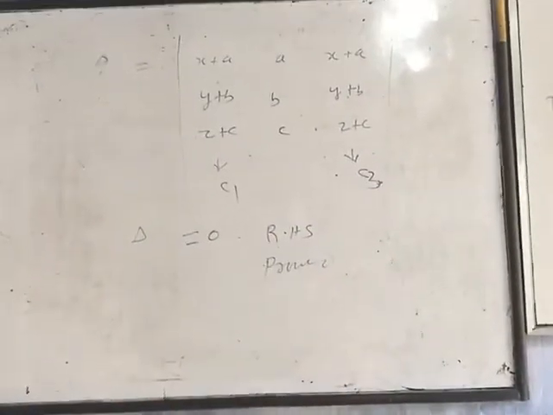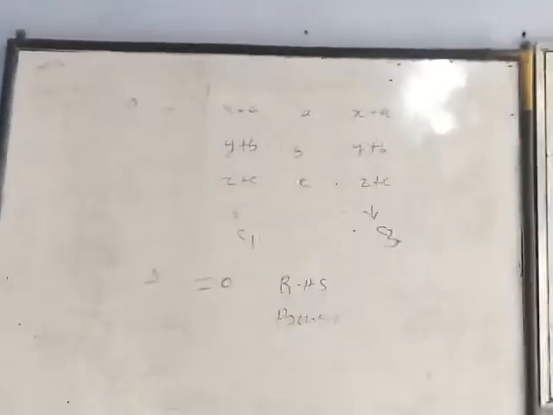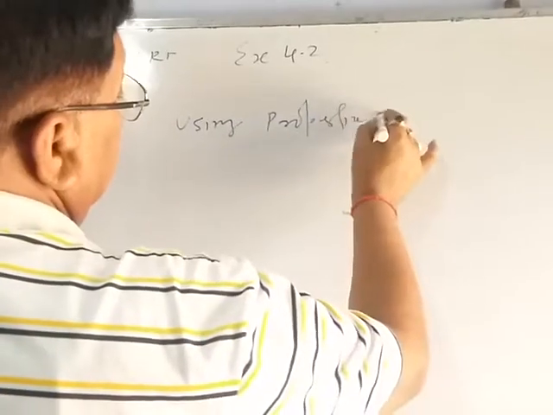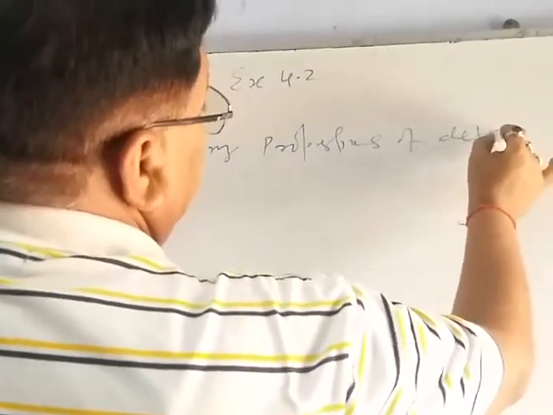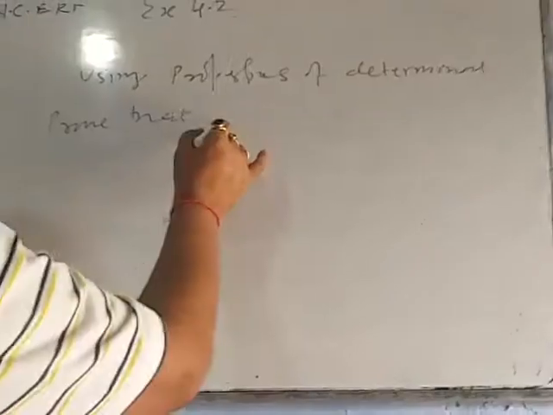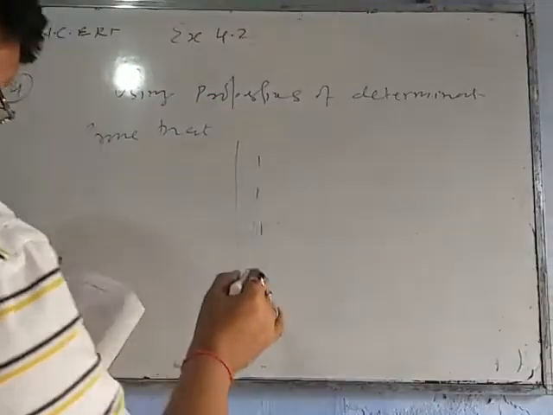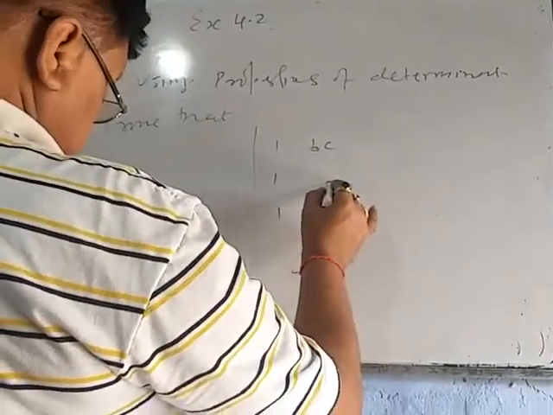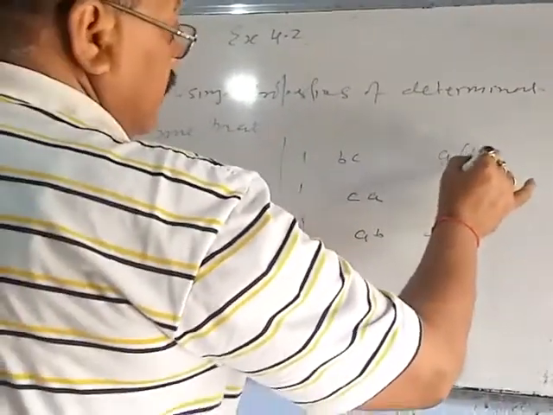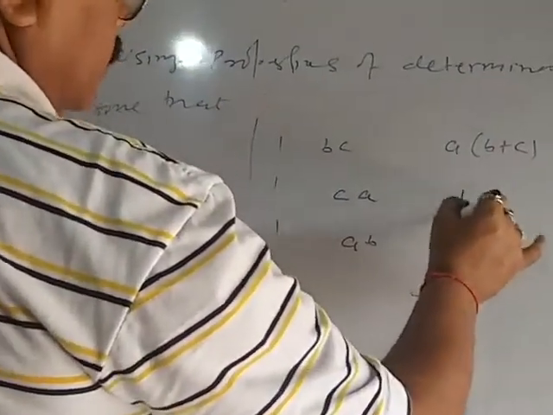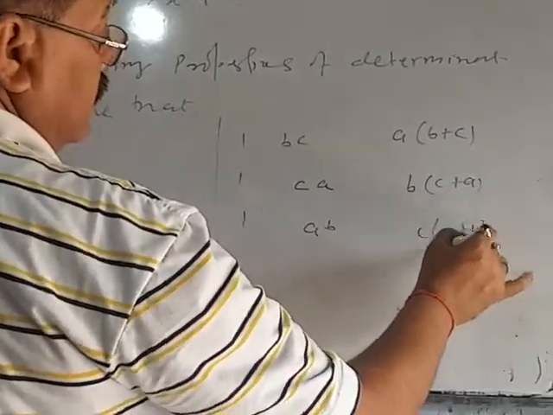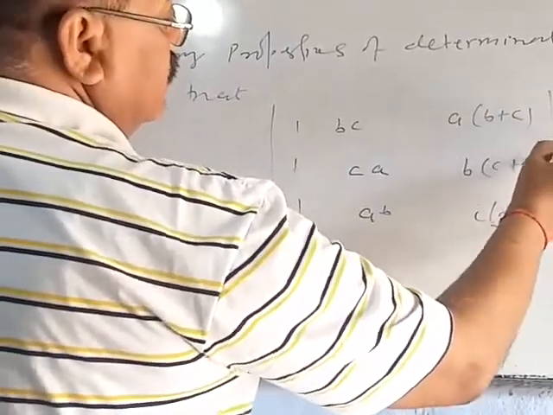So this is using property, we can prove this. Exercise 4.2, first question. Show that the determinant with rows 1, 1, 1; BC, CA, AB; A(B plus C), B(C plus A), and C(A plus B) is equal to 0.